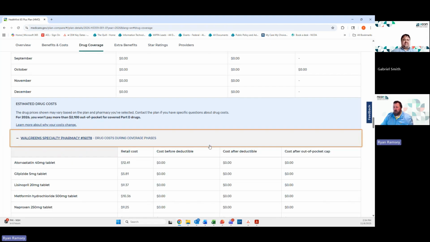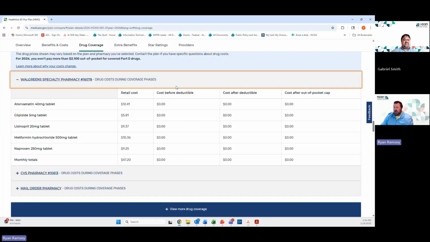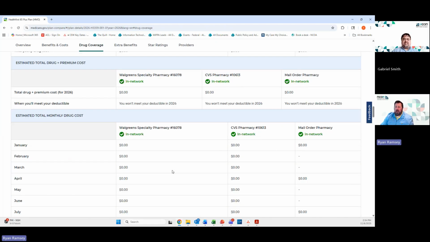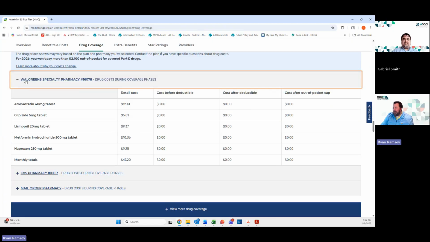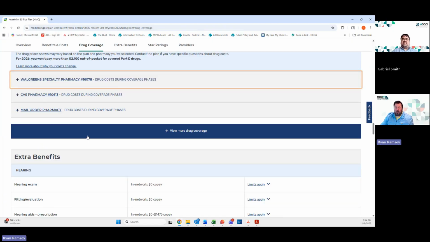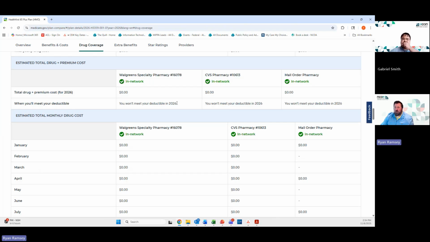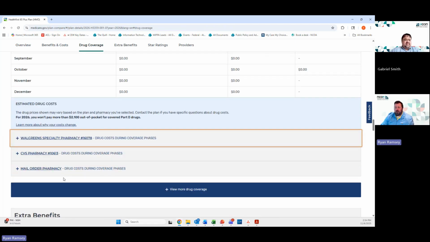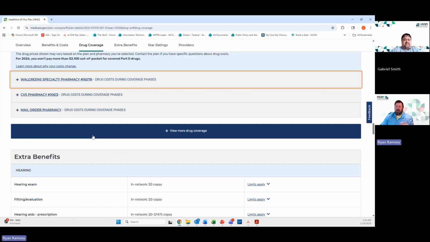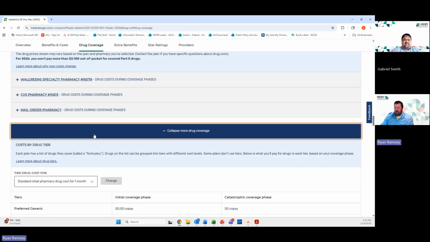If you wanted more information about the retail cost, the cost before the deductible, after the deductible, once you reach the catastrophic coverage, it all exists right here under these collapsible pharmacy information. Again, because we're not going to meet our deductible, we have no out-of-pocket cost at these pharmacies. You're not going to get a ton of information off of these right now. But in any scenario where you did have copays during a comparison, that would be how you navigate that.